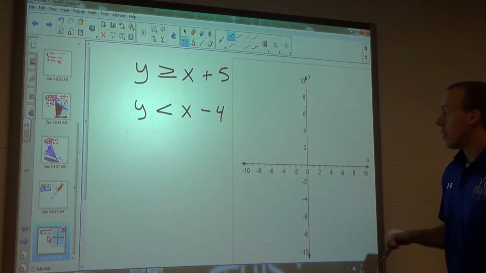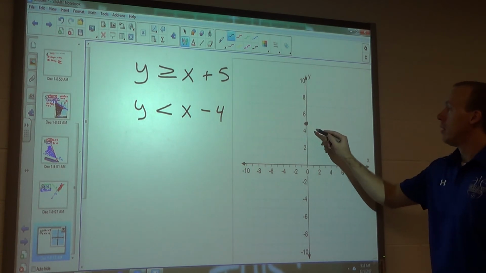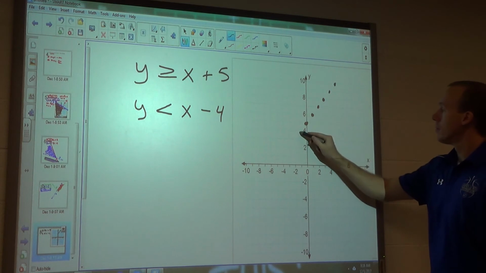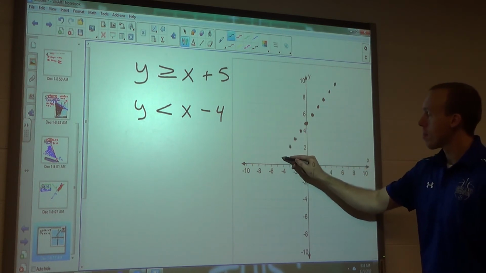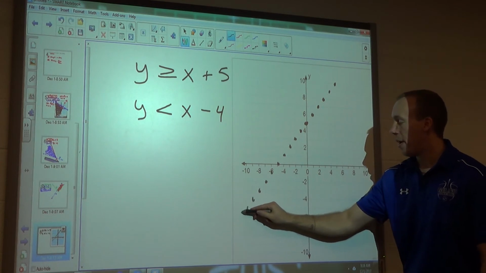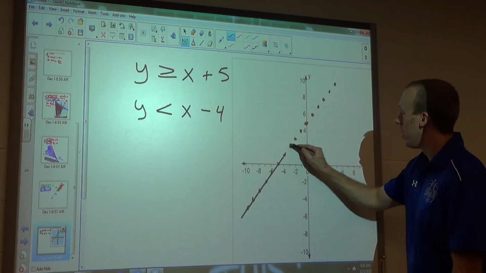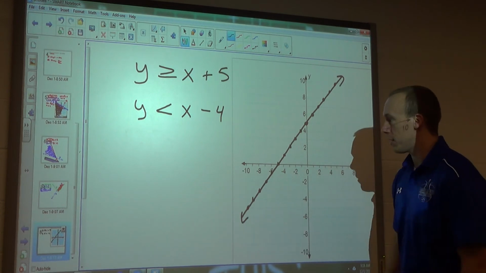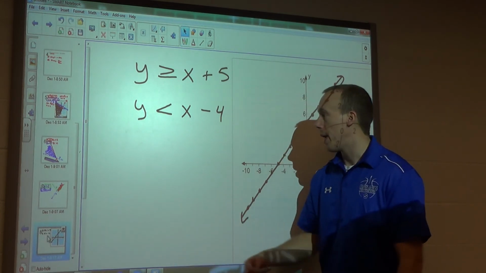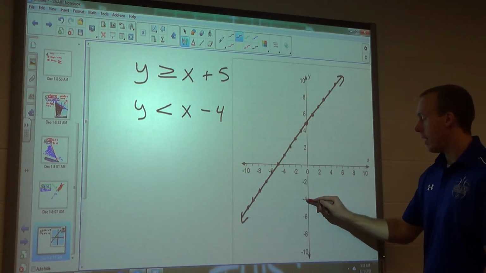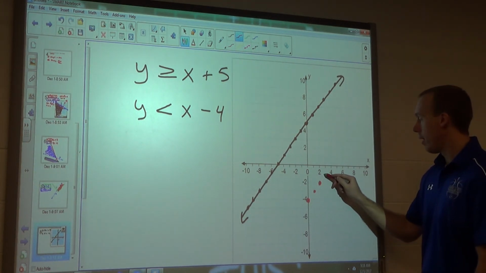Okay, so y-intercept to 5, up 1 over 1. Solid or dotted? Solid. Okay, next equation, I'll go red. -4, and then it's again up 1 over 1, right?